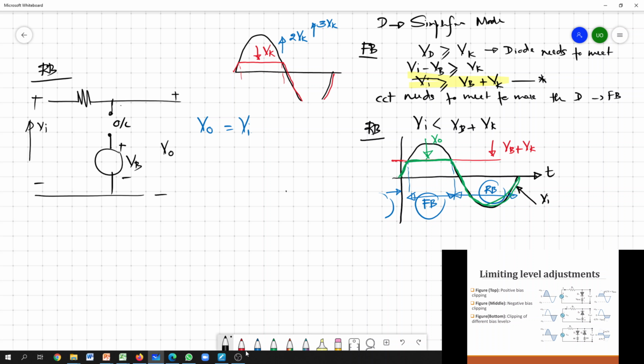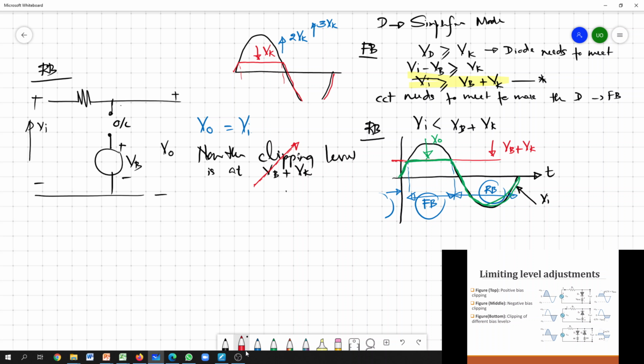Now the clipping level is at VB plus VK. If you change this VB, you can adjust this clipping level.